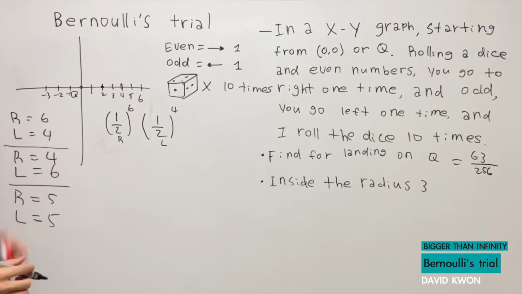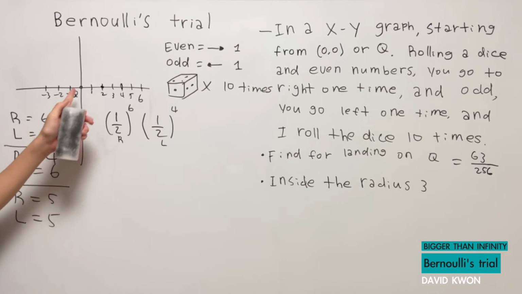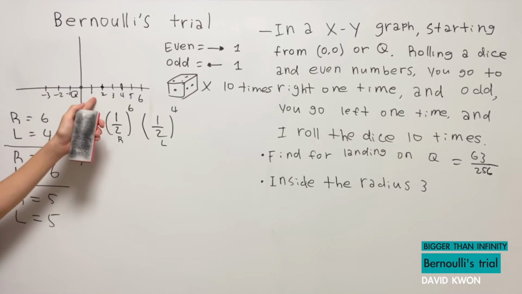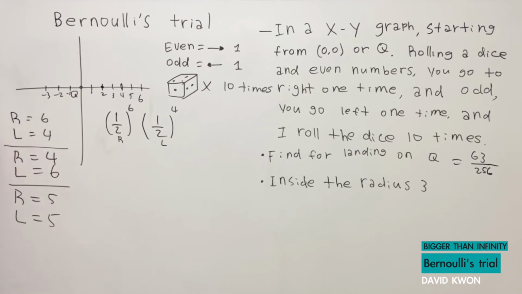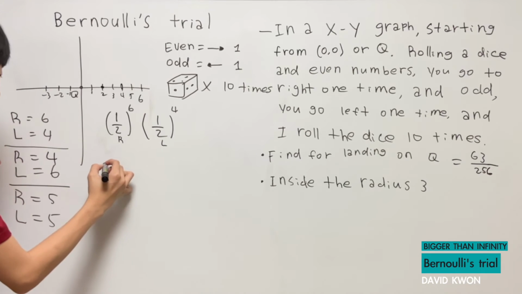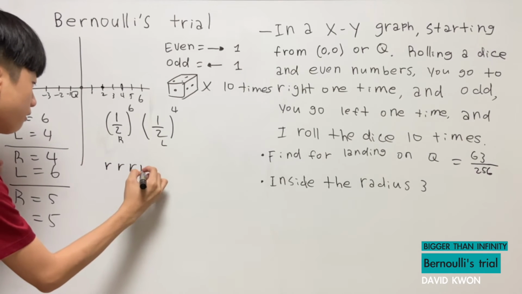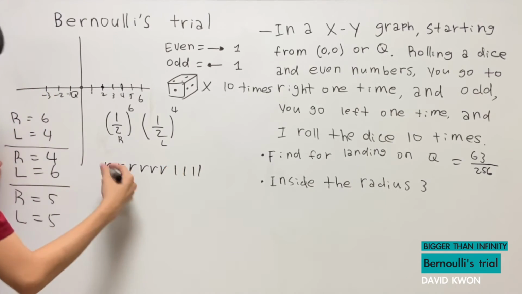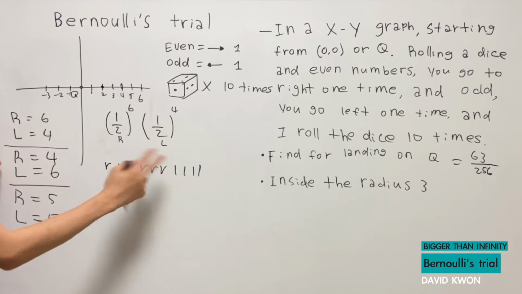And there are many ways that can happen. I shuffle them up. It can go right, right, left, left. You get the point. And that is equal to, for right, right, right, right, right, right and left, left, left, left, how many ways can I mix those?